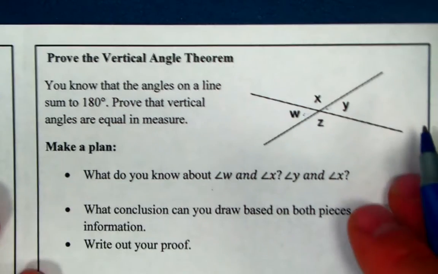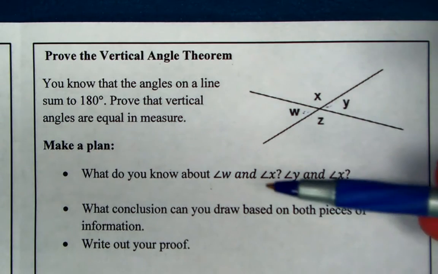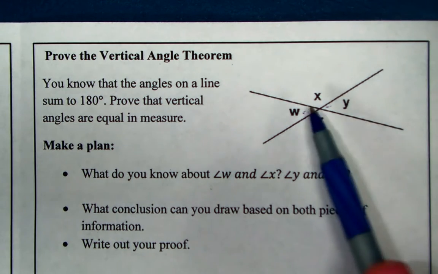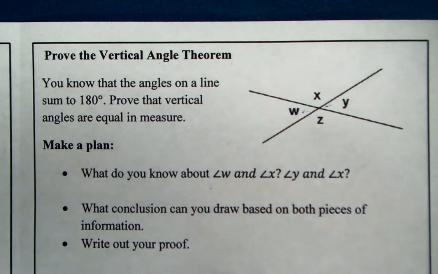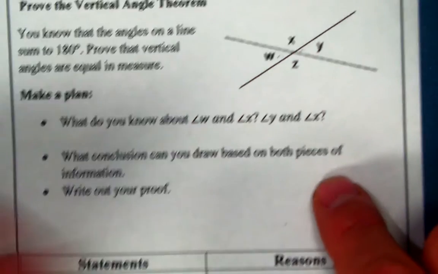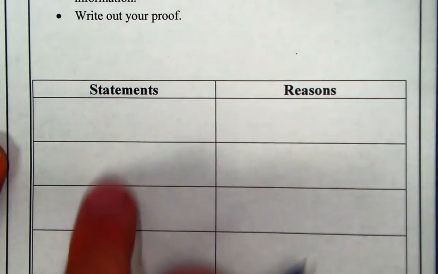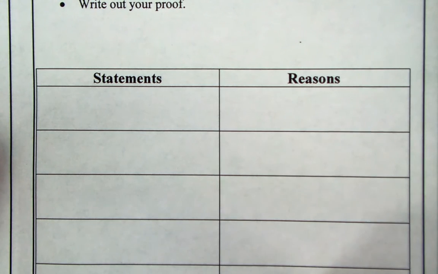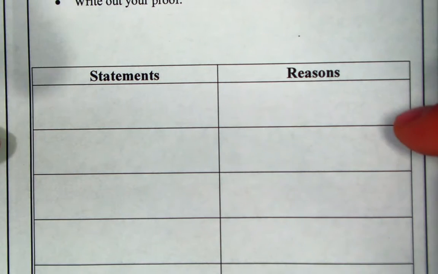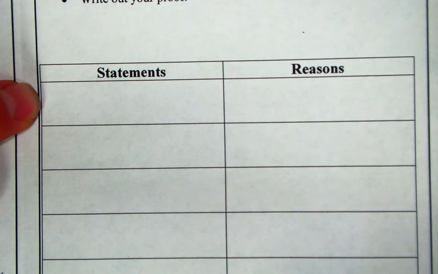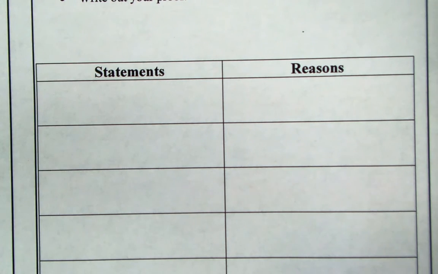So when you do a proof, and you basically write out in words how you would explain that these two angles have to be the same measure, you come up with a plan. Sometimes you do a little scratch work, and then you list out your statements and the reasons you know those statements are true. All right, and you do it in some kind of a systematic order, starting with the most basic property, you know, the initial fact that you need to know that all other facts are based on.